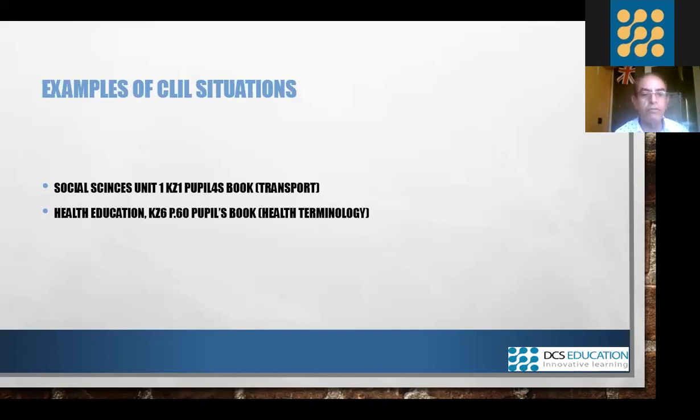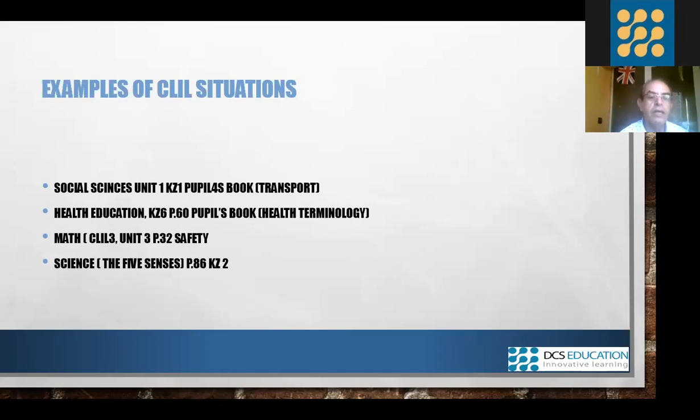So that's what we're looking for. Math also, Kidzone 3, unit 3, page 32, talking to kids about safety, and then calculation of speed. And why do we need to slow down before we reach a red light? So all that is provided in Kidzone.